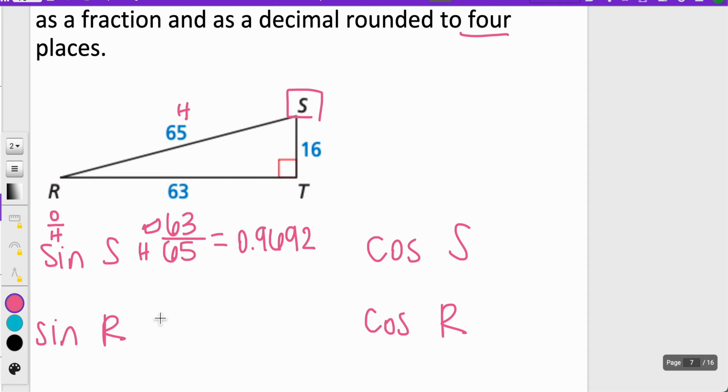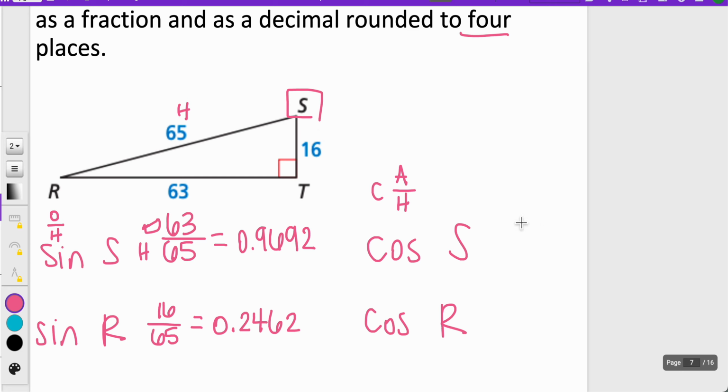The sine of R would be opposite over hypotenuse. So opposite is 16, hypotenuse is 65. 16 divided by 65, to 4 decimal places, is 0.2462. Cosine of S. Cosine is A over H, so adjacent over hypotenuse.